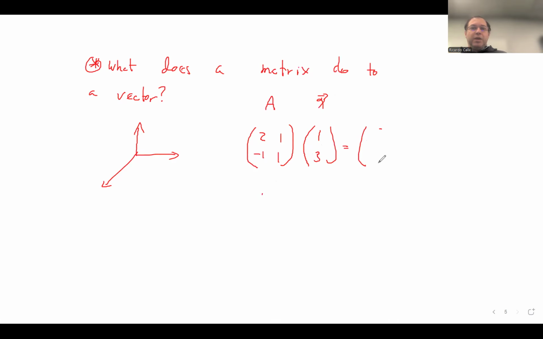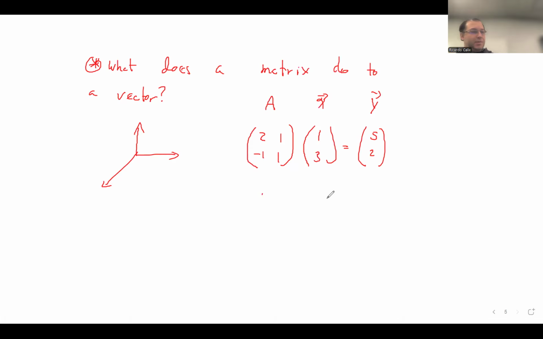And so we know that in this case, it transforms x into y. So we're essentially taking x and we're transforming it to y. And we know that if we perform the operation, the result was 5, 2. But what does it mean graphically?